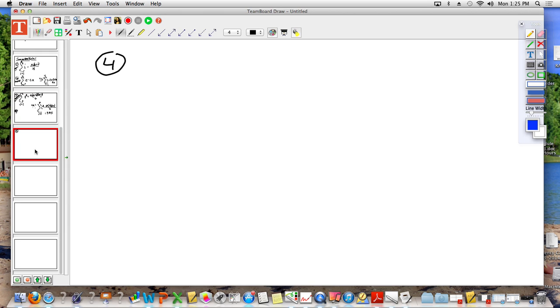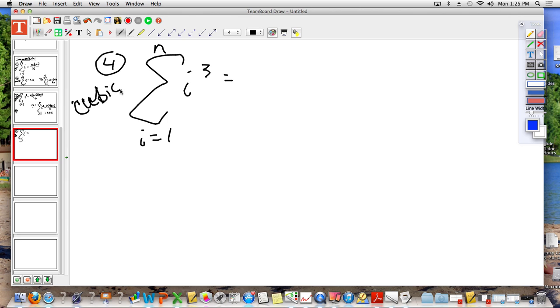The 4th rule is this. Let's say we go from 1 to n, and it's cubed. So this is a cubic function. The rule is this: n squared times n plus 1 squared divided by 4.